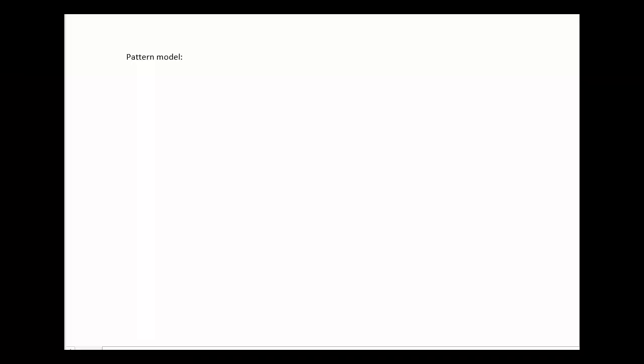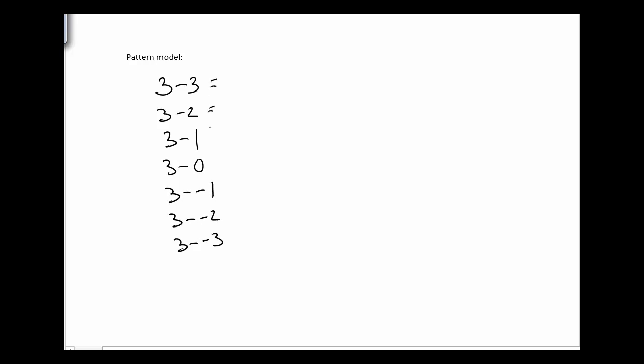Okay, pattern model is again another way to let the students sort of figure it out for themselves. So I would just start with the series of, let's do 3 minus 3, and 3 minus 2, and 3 minus 1, and 3 minus 0. And then I just start bringing negatives in. And hopefully, if you work this out, they can come up with a pattern themselves.